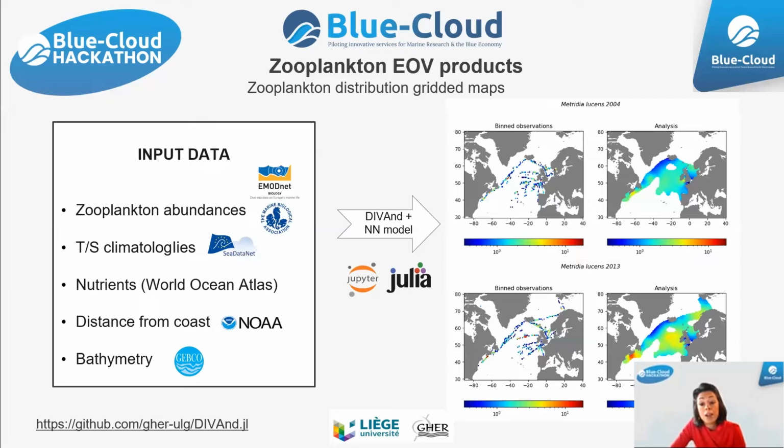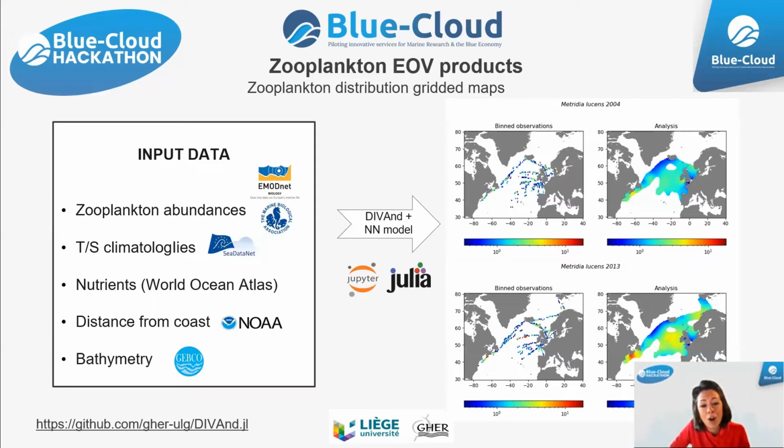So here we applied variational analysis and neural networks. Using the DIVA-ND tool and a neural network model, we have generated maps of zooplankton distribution in the Northeast Atlantic region. What we observe here in the panels is the distribution of one of the most abundant copepod species.